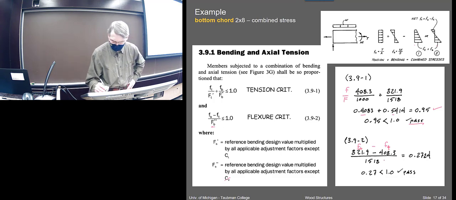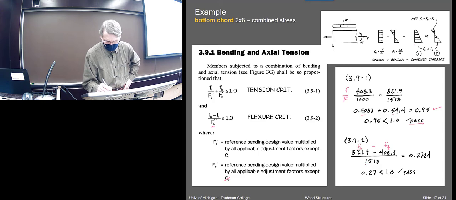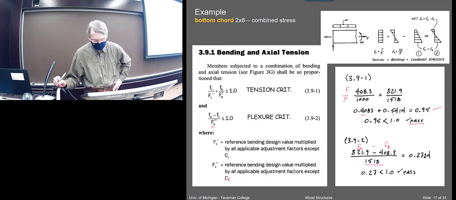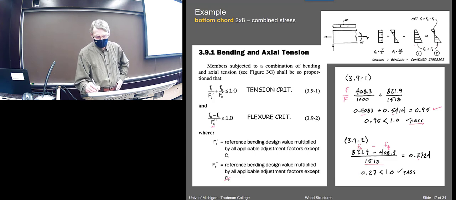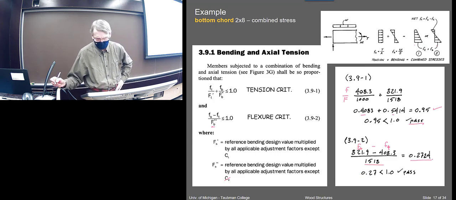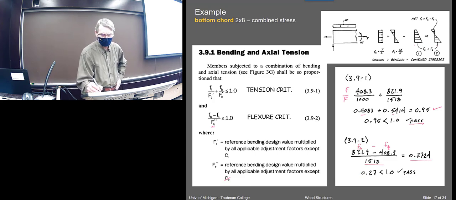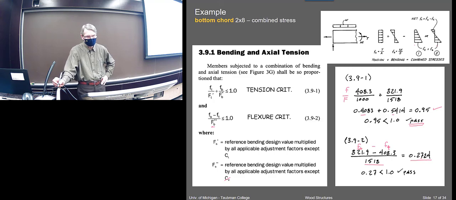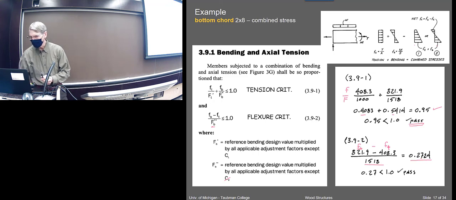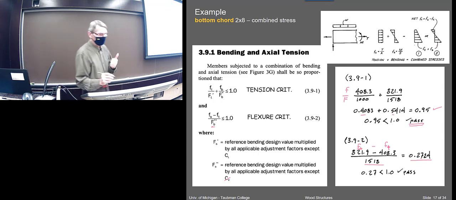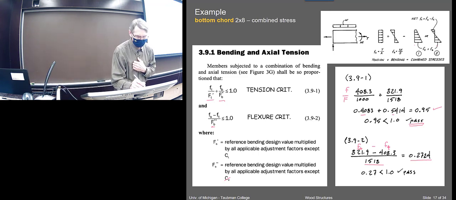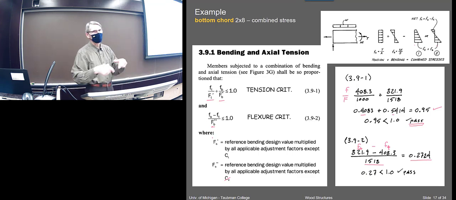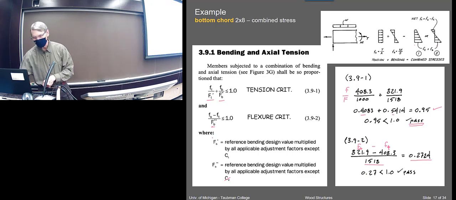Well, we don't have CV anyway, so this is where maybe you'd have CL in there, but okay, so we got that, and that comes out pretty low, so it looks like the first one is really controlling, the higher. This is only 0.27, so that passes. So they both pass. So if they both pass, then the whole thing passes. So it passed tension, it passed flexure, and it passed the combination of them either way.